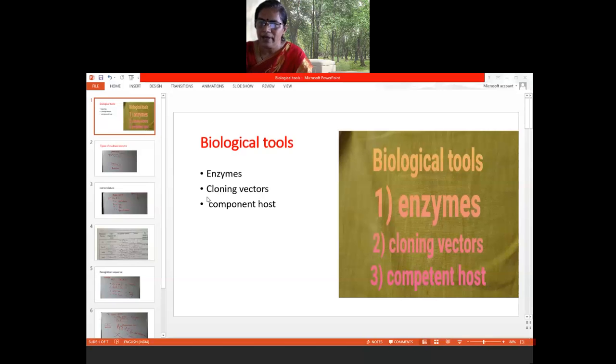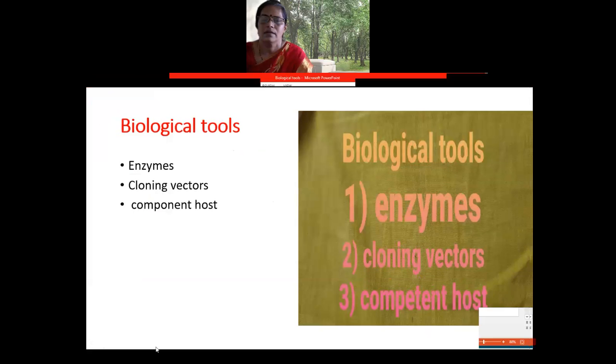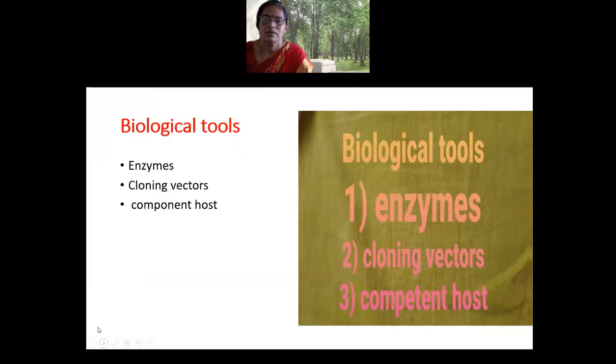There are different biological tools which are used to construct the recombinant DNA or the chimeric plasmid. The first one is the enzyme, then the cloning vector, and the competent host. So these are the different biological tools.